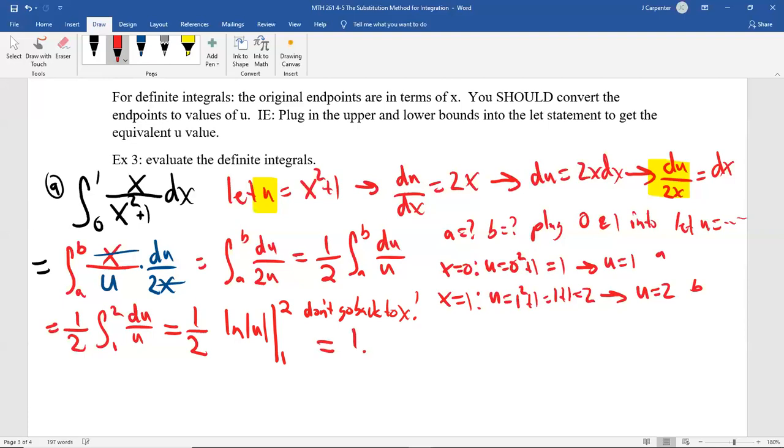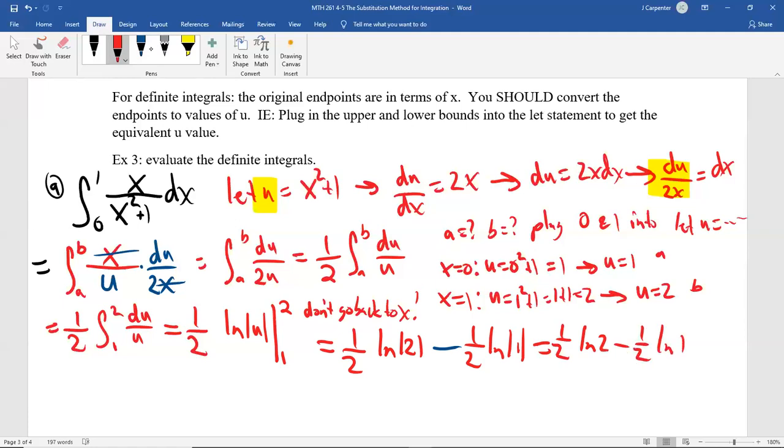So equals 1/2 times the natural log of the absolute value of 2. So that's plugging in the upper limit. Then a minus, and now we plug in the lower limit of a 1: 1/2 the natural log of the absolute value of 1. Clearly, we don't need these absolute values. So that's 1/2 natural log of 2 minus 1/2 natural log of 1.